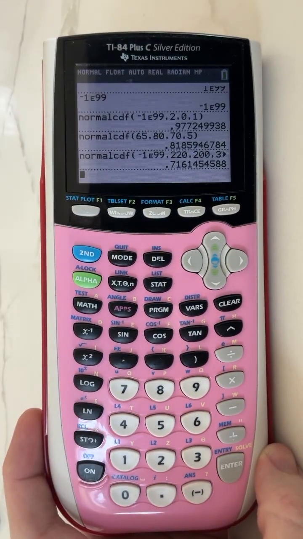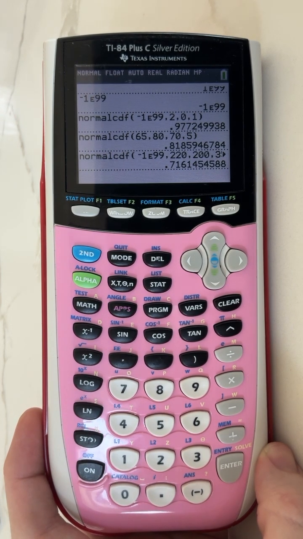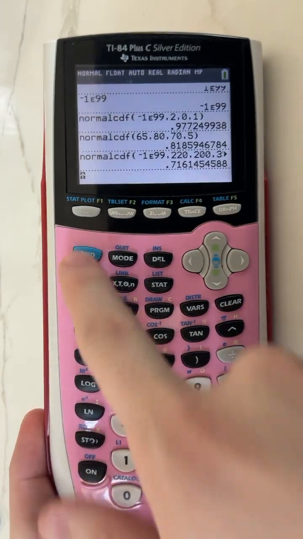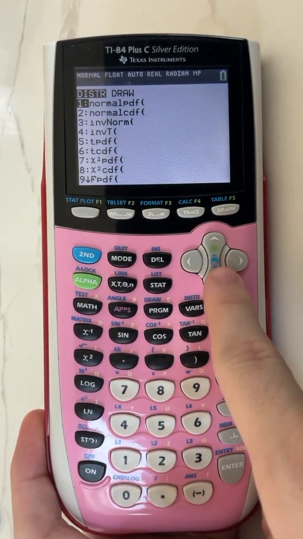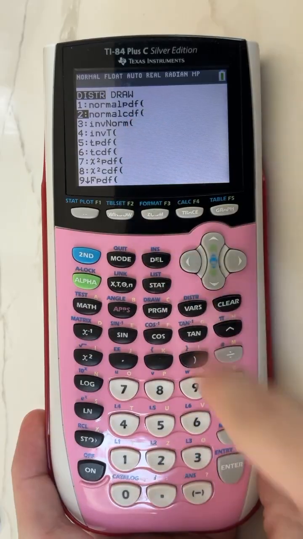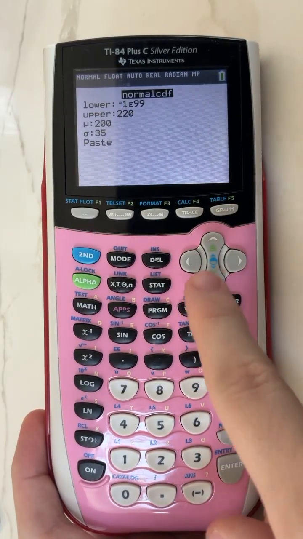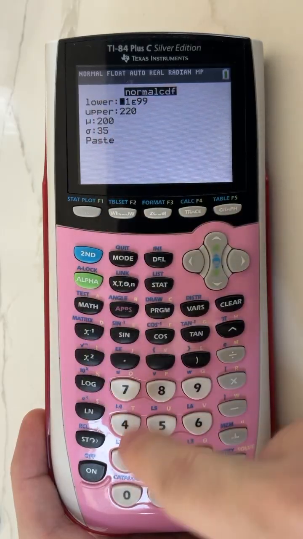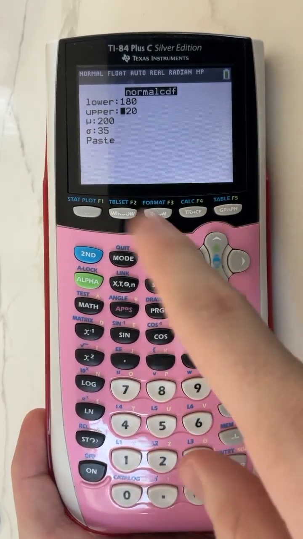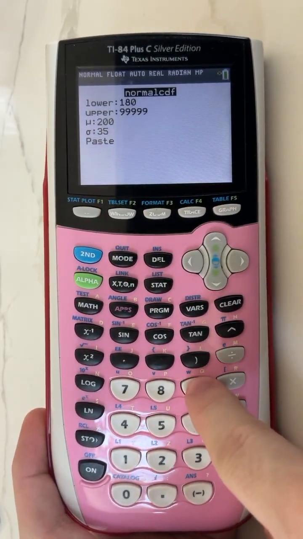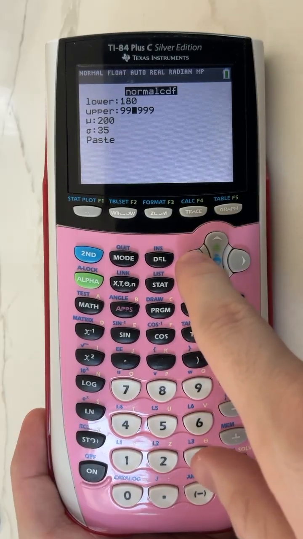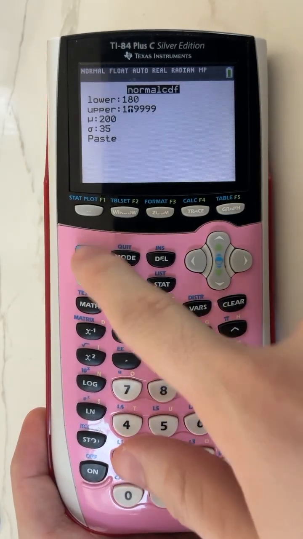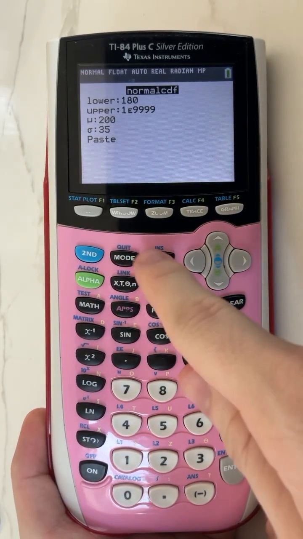With that same data, let's find out the probability that a male adult in the United States weighs more than 180 pounds. We'll go again to second distribution, go down to normal CDF and hit enter. Then we want to see if they're 180 or more, so the lower is 180. And then upper could be a really high number. You could put 99999 if you want. I like to put 1E99.